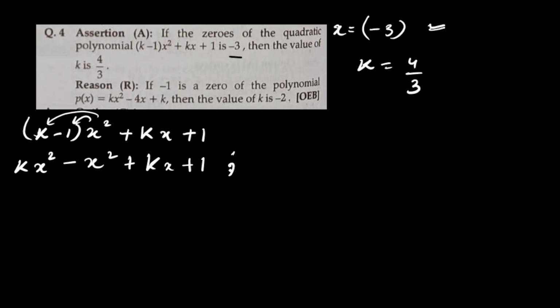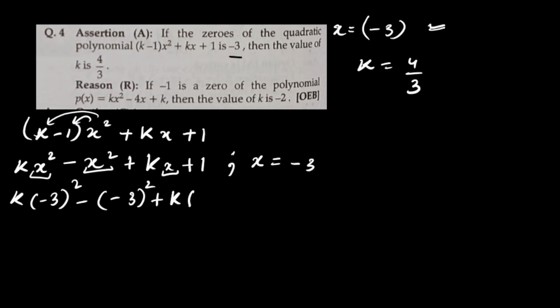Substituting x = -3: k into (-3) whole square minus (-3) square plus k into -3 plus 1.